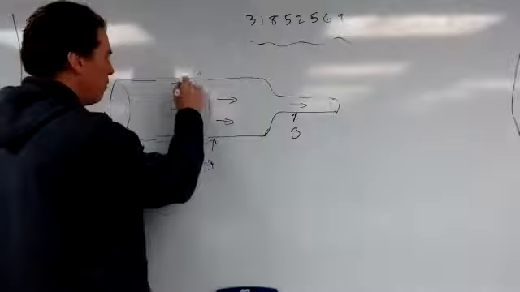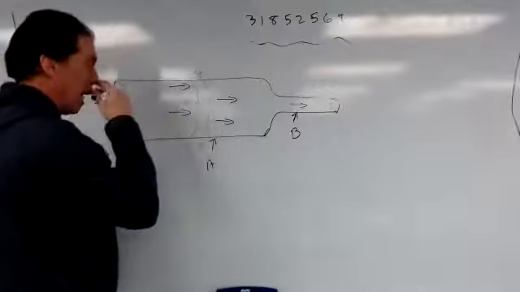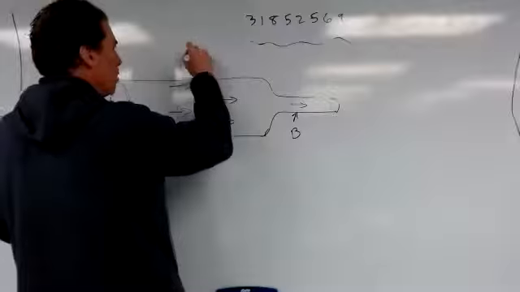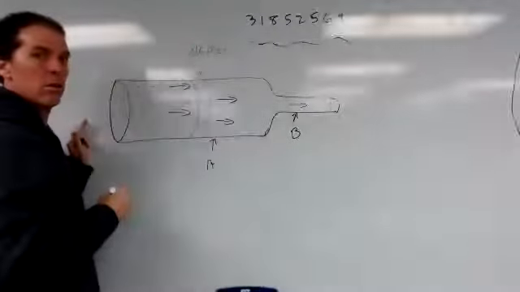That means that if I look at this as a little disk, this disk has area A, then the volume, delta V, is just the area times delta x.